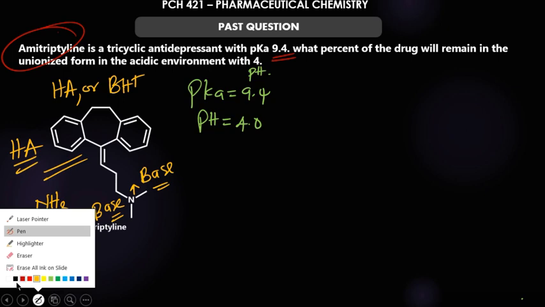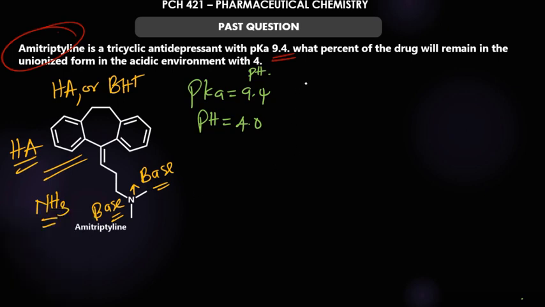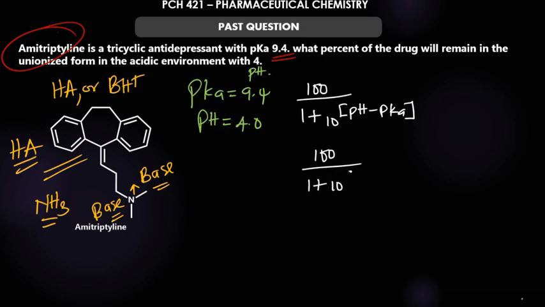So we are going to use the basic form. For a base, the ionized form is 100 over 1 plus 10 raised to the power of pH minus pKa. The unionized form for a base will be 100 divided by 1 plus 10 raised to the power of pKa minus pH.